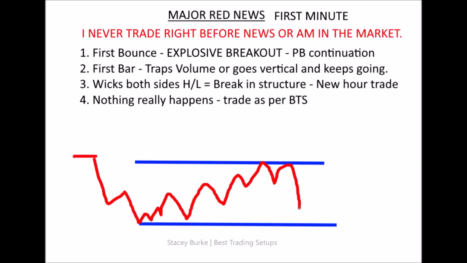That market in the 1 minute traps all this volume. It might consolidate for 1 or 2 more minutes, but often that market will then close at a 5-minute close down at the bottom of the range.